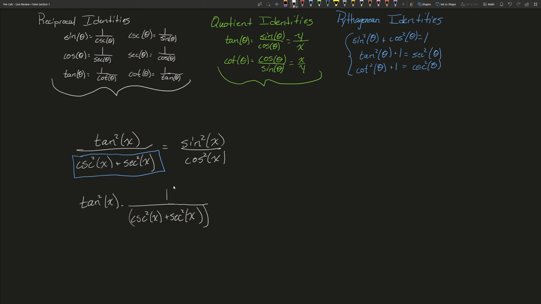We can take the reciprocal of this. So this is 1 over cosecant squared of x plus secant squared of x, which is really equal to just sine squared of x plus cosine squared of x.